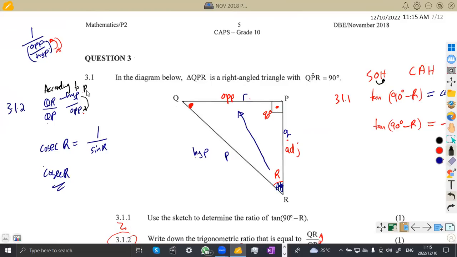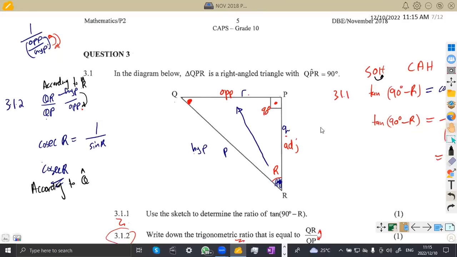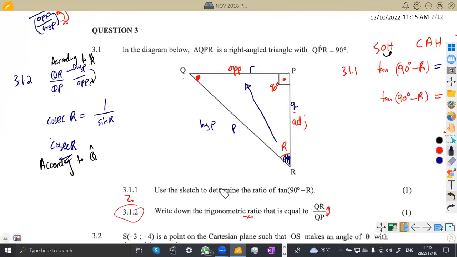All right, so let's see according to angle Q. What do we have? If we take back our ratio of QR over QP, the hypotenuse, like I said, is not going to change. It's going to remain as the hypotenuse, but QP is going to change.